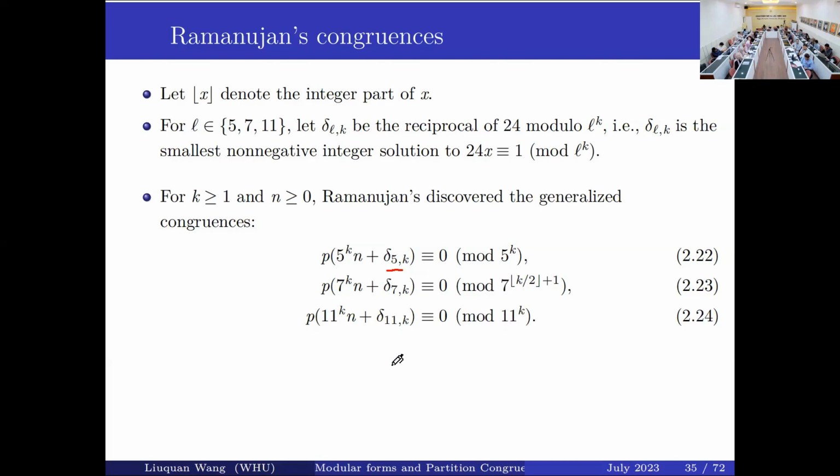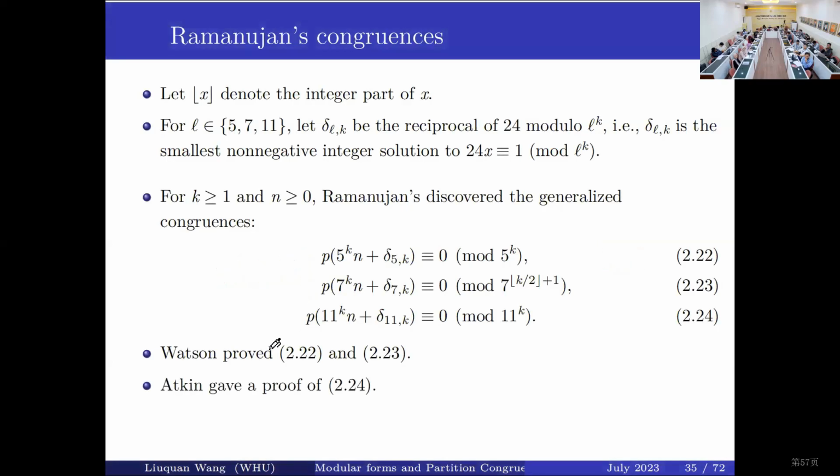And in particular, when k equals 1, this reduces to the original congruences. These congruences are also discussed in Wuha's lecture, so I'm just reviewing these facts. And Watson gave a proof for the first two congruences, although Ramanujan also outlined a proof for these congruences.